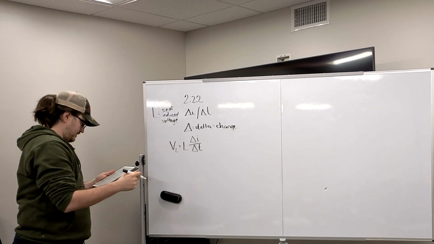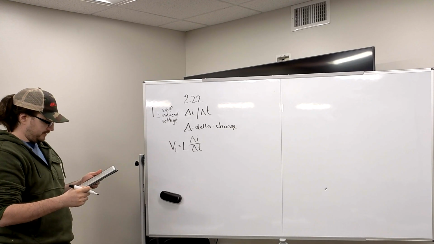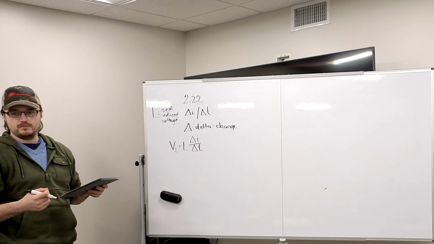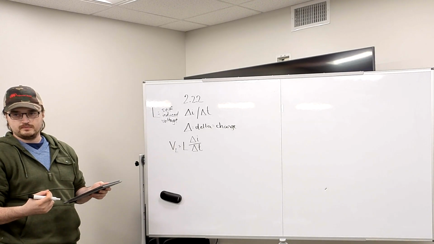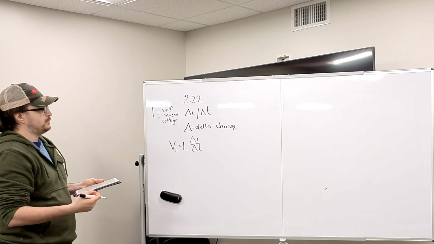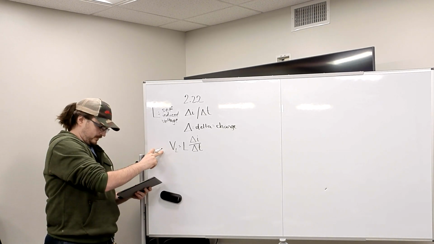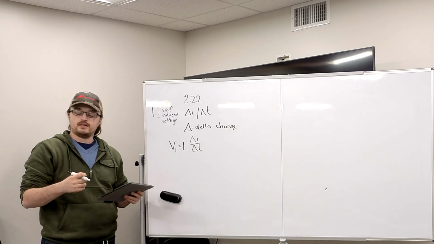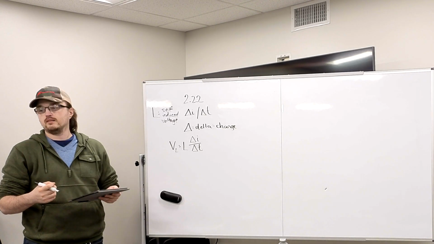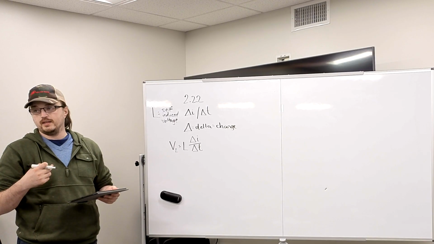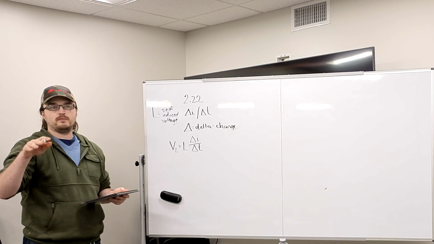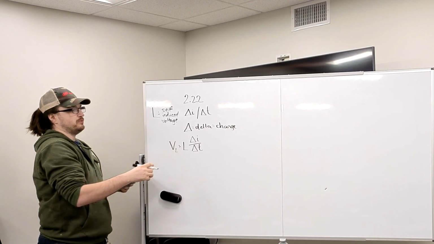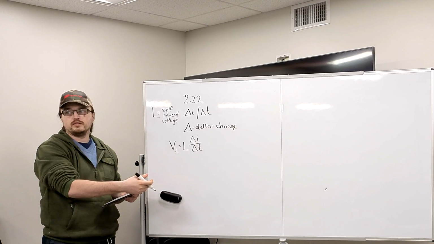So what the formula does is it gives you the voltage in terms of how much magnetic flux is cut per second. Remember, cutting the magnetic flux with a conductor is how you generate voltage. This creates magnetic flux in the conductor.